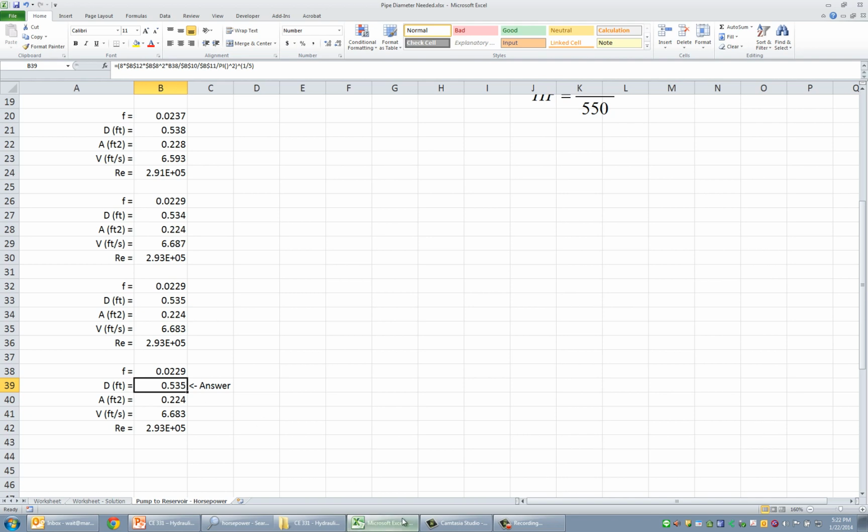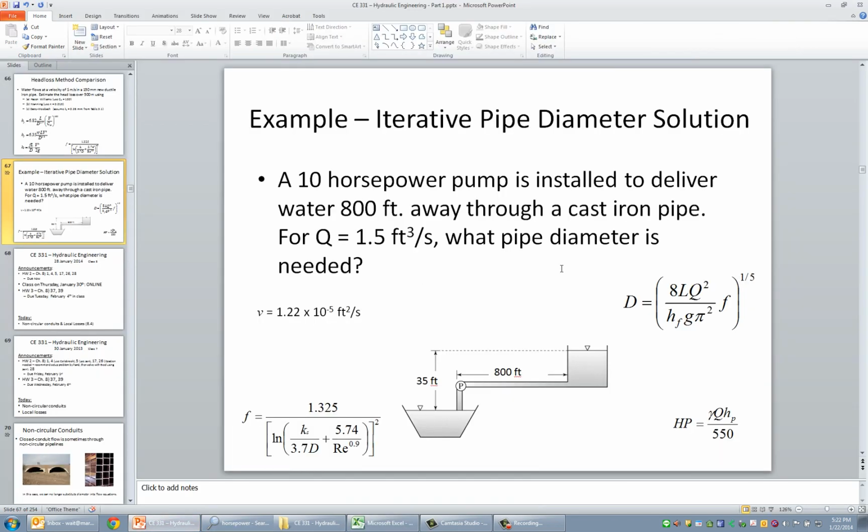So the question that was originally posed by this example is what pipe diameter is needed for the situation where we had a 10 horsepower pump with a certain flow rate and a certain unit weight. That allowed us to calculate the pump head h sub p, which we substituted into the energy equation along with the delta z, and that told us how much h sub f is allowable, how much energy loss there's going to be.